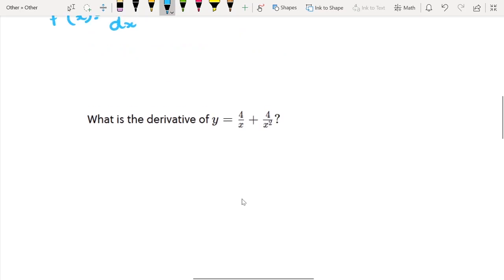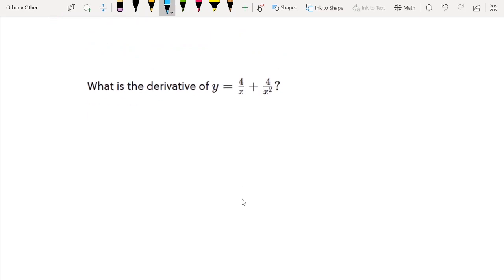Let's do a final example. y equals 4 over x plus 4 over x squared. We don't like fractions, so let's rewrite this using our power rules. If it's 1 over, then I write the minus 1, so 4x to the minus 1, plus, same thing here, it's 1 over, so I write negative, so 4x to the minus 2.